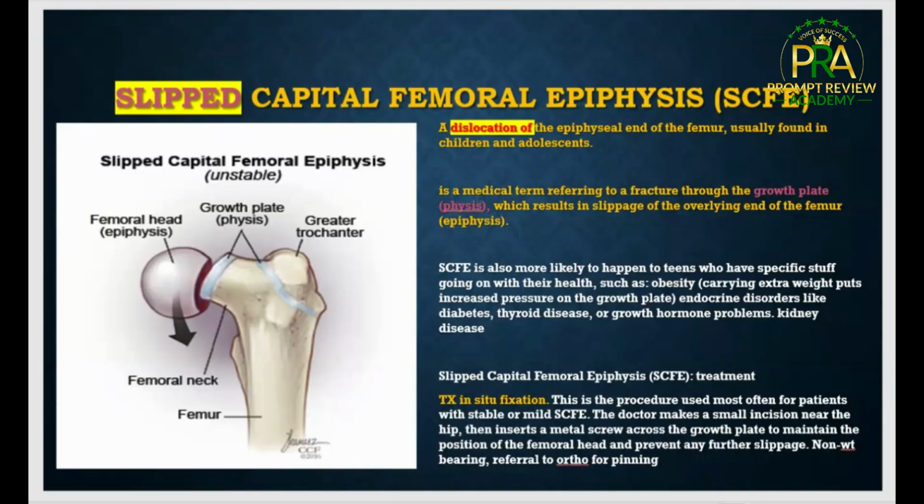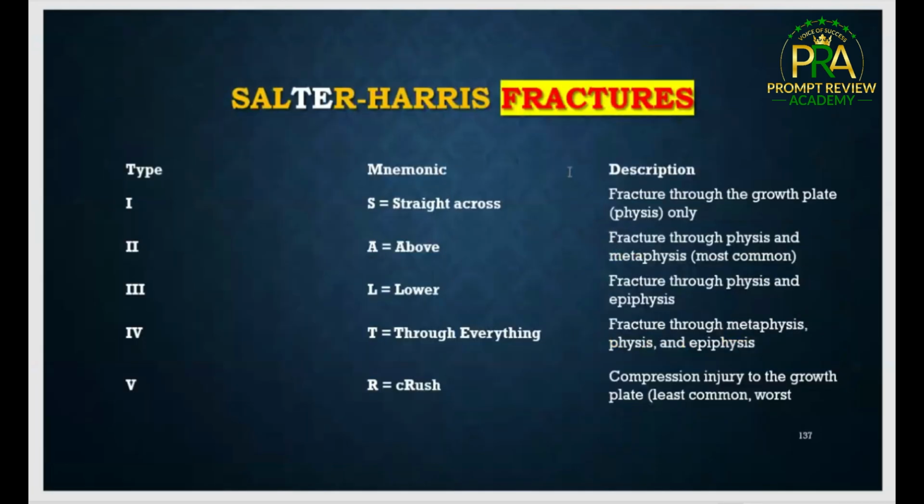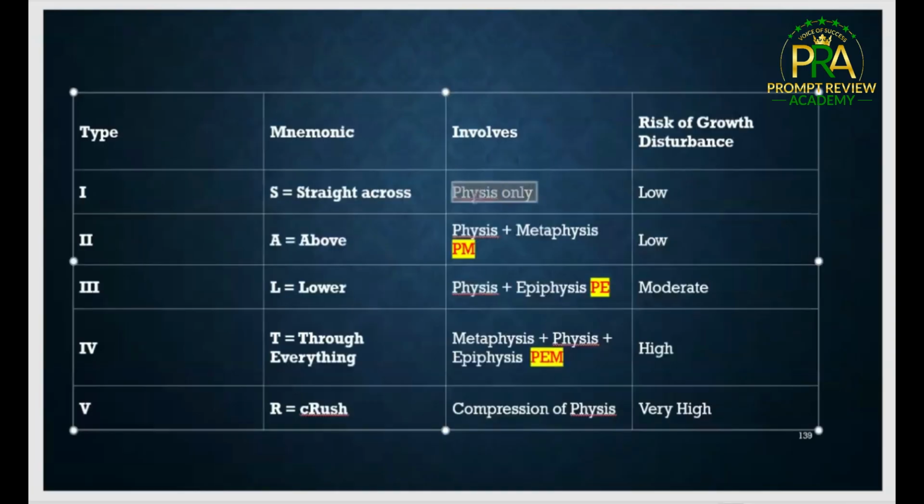And I started breaking down the different types, stages or classes where this fracture can happen. If it happens straight across, that will be type 1. What part is affected? The physis only. You need to know these three things because in the exam, they can ask you what type of fracture and what part is involved.